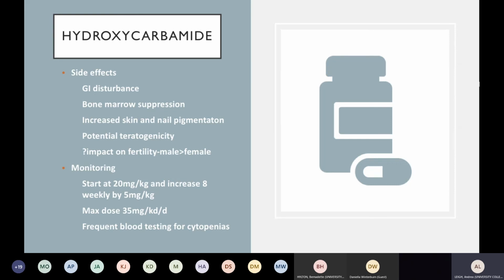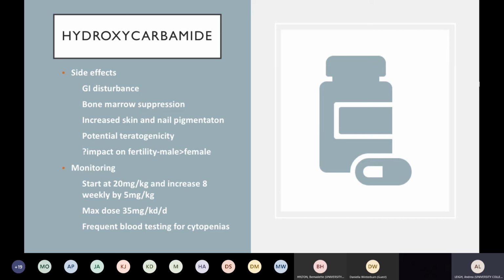I know they're doing a study in America at the moment. Because there's such a big cohort of young adults that have been on hydroxycarbamide for a long time, this data will emerge hopefully. The men and boys do get a reduction in their sperm count when they're on hydroxycarbamide, but the feeling is that it returns when you stop.